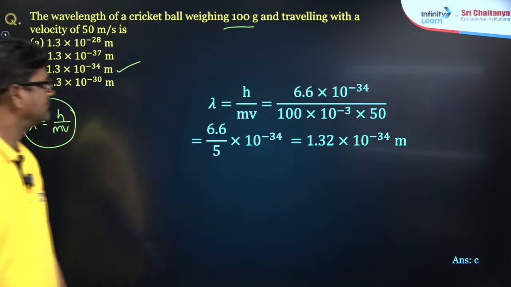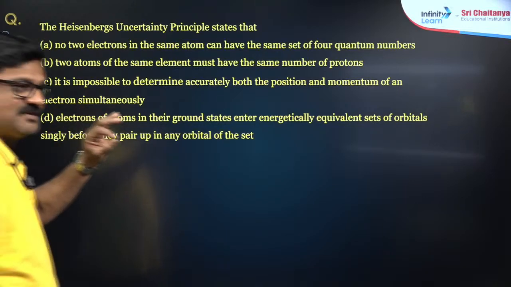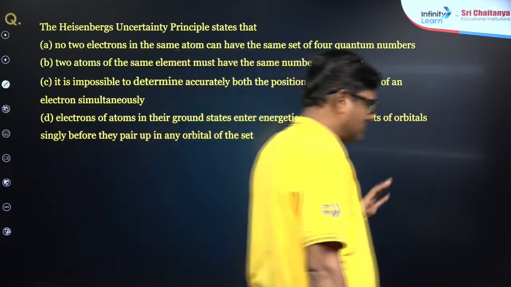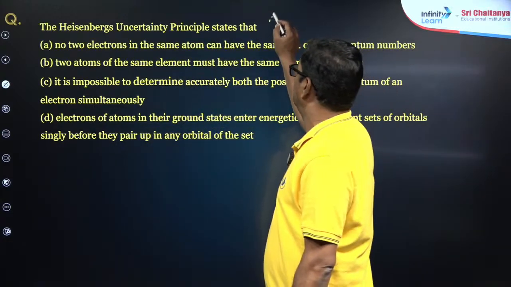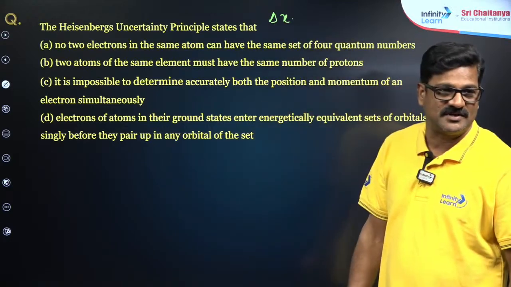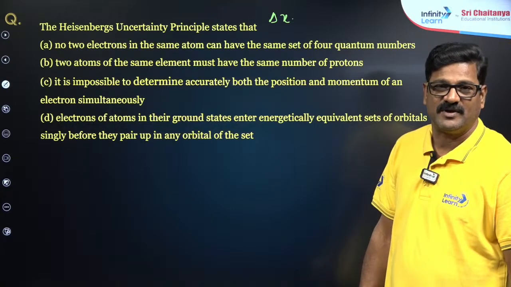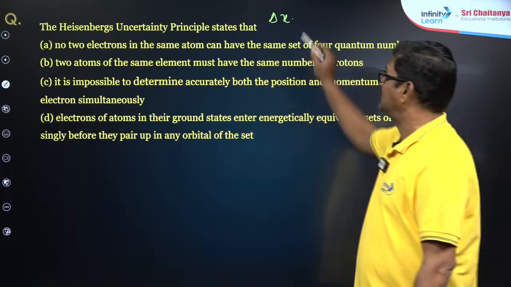Next, the Heisenberg uncertainty principle states, theory oriented questions, just theory, you only have to tell. It says it is impossible to measure exact position and momentum of subatomic particles like electrons accurately and simultaneously.